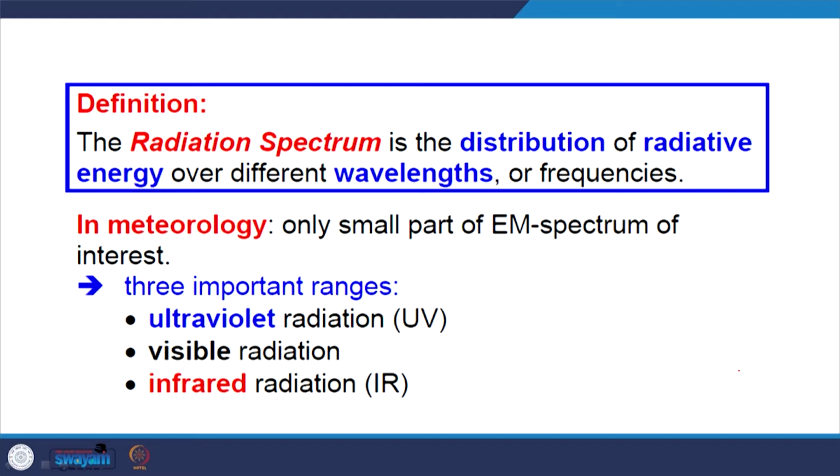Only a small part of it is of interest for us. Okay. Now, there are three important ranges in this electromagnetic spectrum. One, the ultraviolet radiation, that means the lowest wavelength part; the visible radiation, let us say 3500 to 7000 angstroms; and the infrared radiation, which is the highest wavelength part.